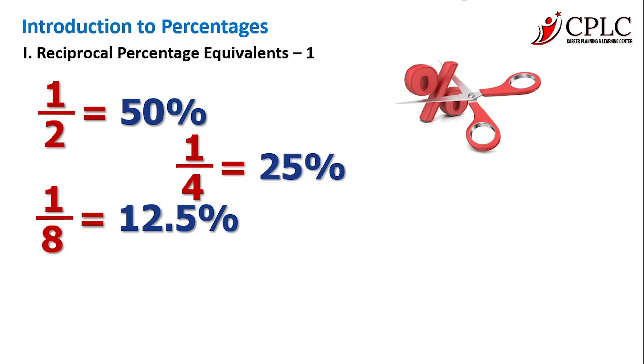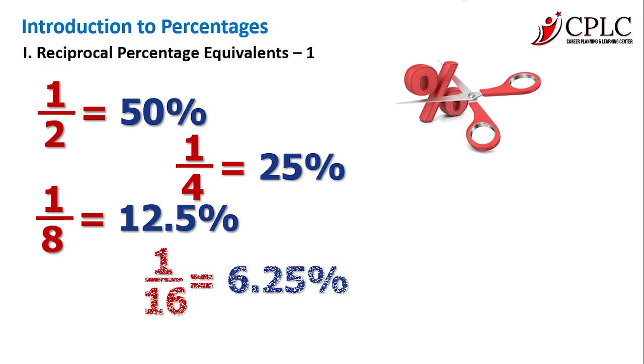Then one more number from this group is 1 by 16, and similarly we can say it is half of 1 by 8. So that means the percentage will also become half of 12.5, and if we do half of that, we get the answer to be 6.25 percent.